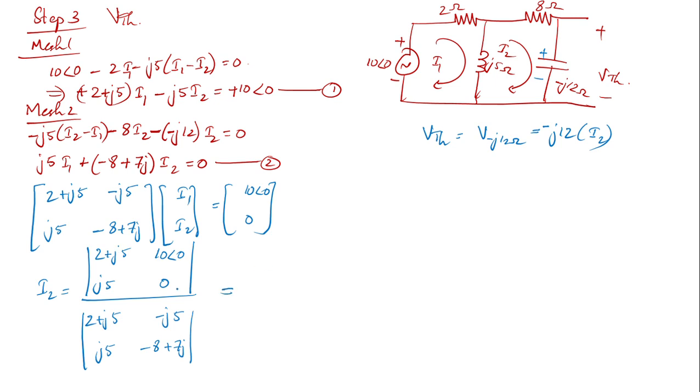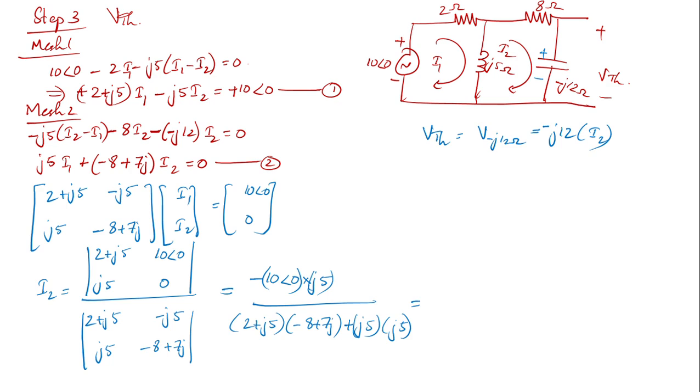So it will be this into this is 0 minus 10 angle 0 into j5. Don't forget to give the brackets, divided by (2 plus j5) into (minus 8 plus 7j) minus, and here there's a minus, so that will be j5 into j5.